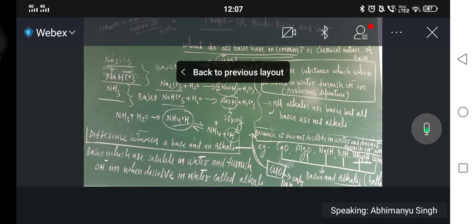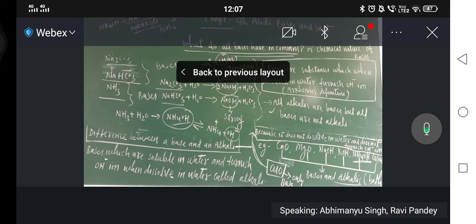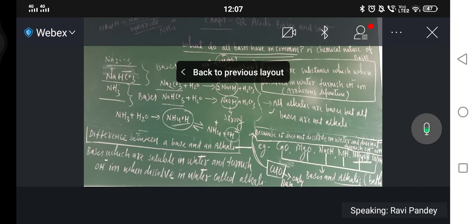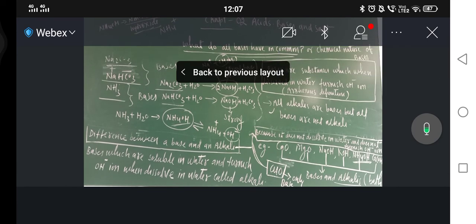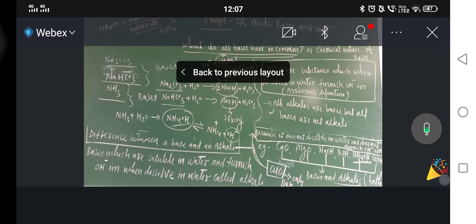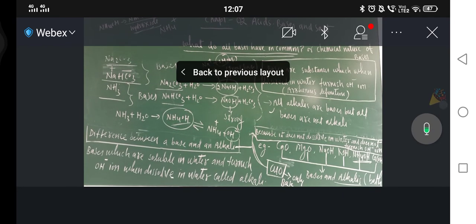Okay, just see, we can compare acid and acid, base and base. We can't compare the reactivity of acids and bases. Are you getting my point or not? We can compare the reactivity among the acids and among the bases, but we can't compare the reactivity of acid and bases.